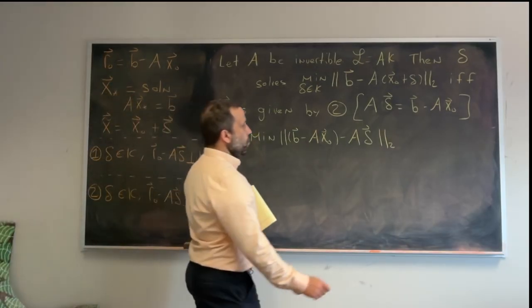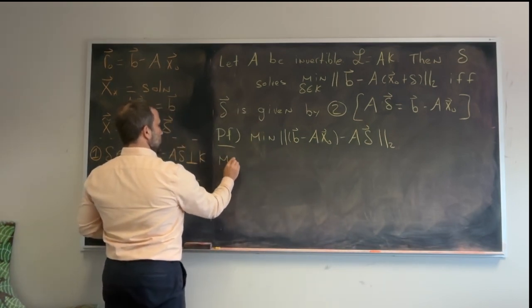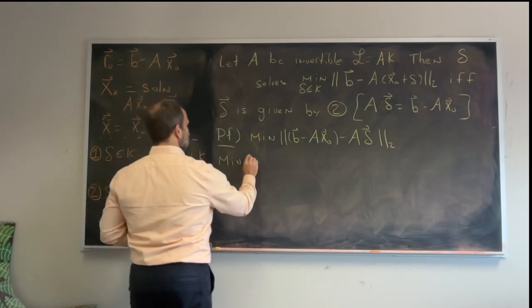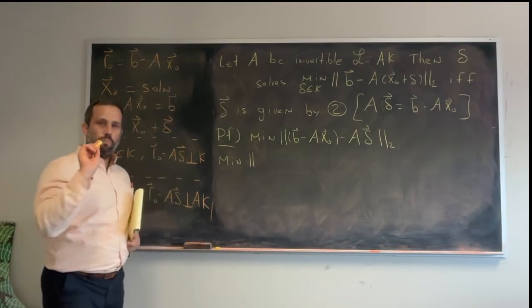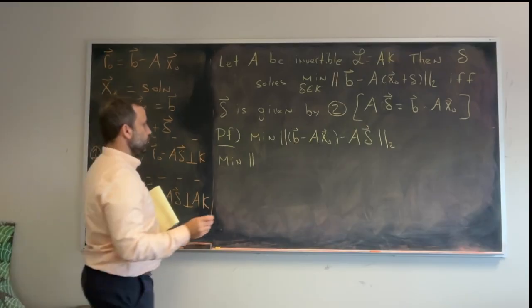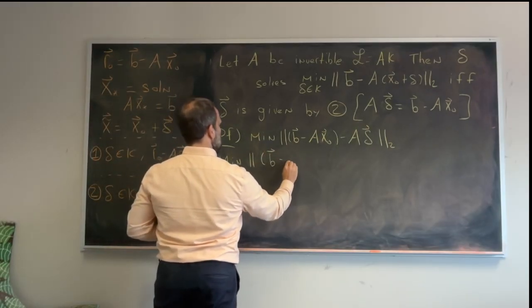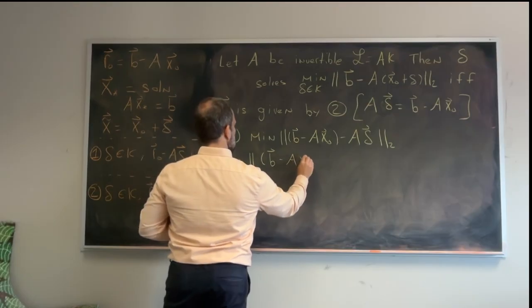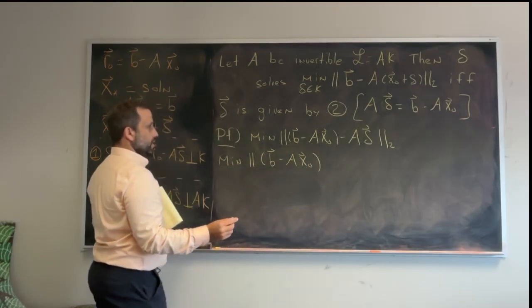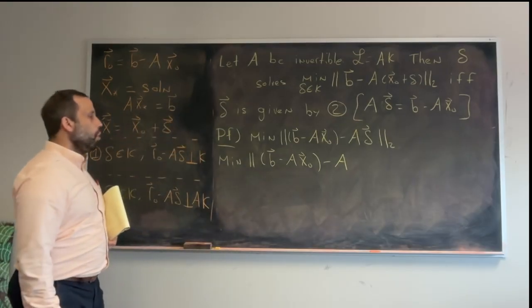The way that I want to think about this is as the minimum. I want to get it to look as much like a matrix-vector minimization problem that we looked at before, just because it helps me think through things. So we're going to have B minus AX naught minus A. Okay, so what is delta?